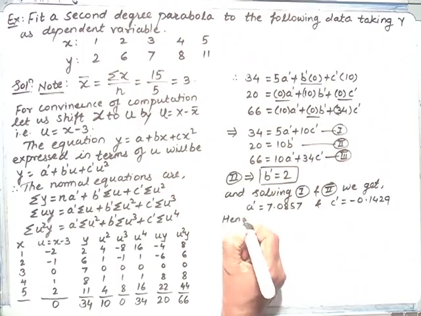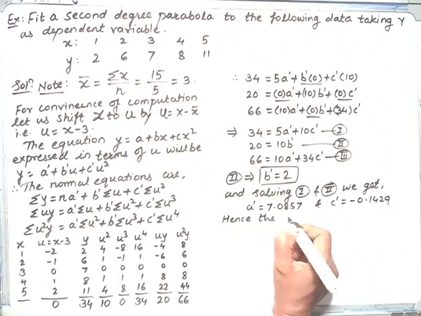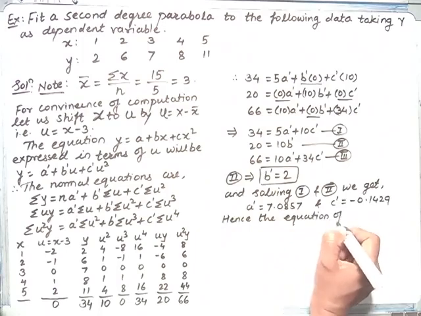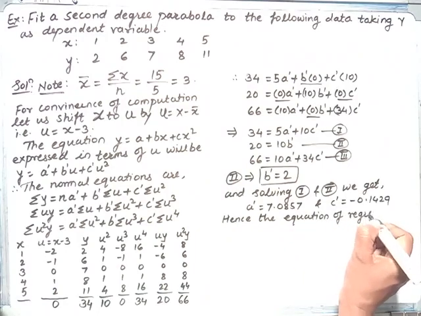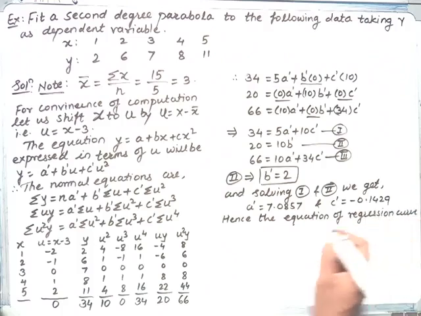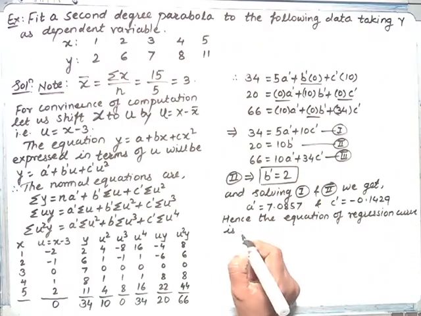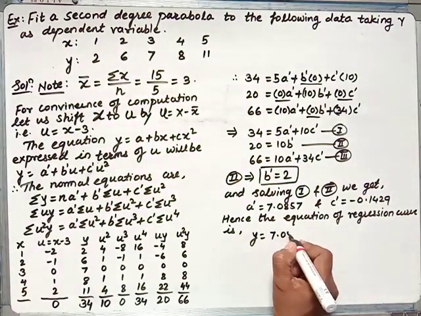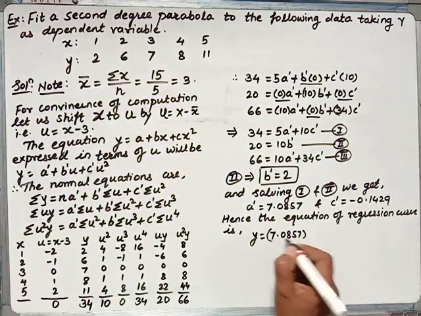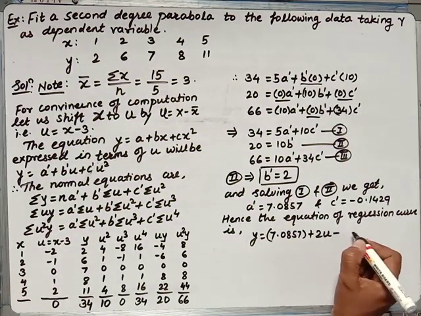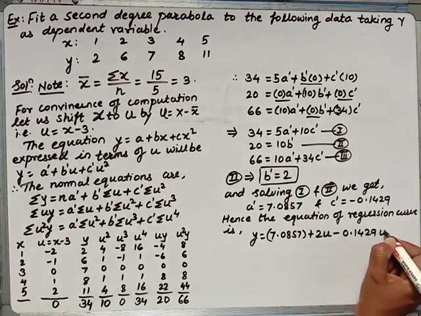Hence the equation of the regression curve is y equal to 7.0857 plus 2u minus 0.1429 u square.